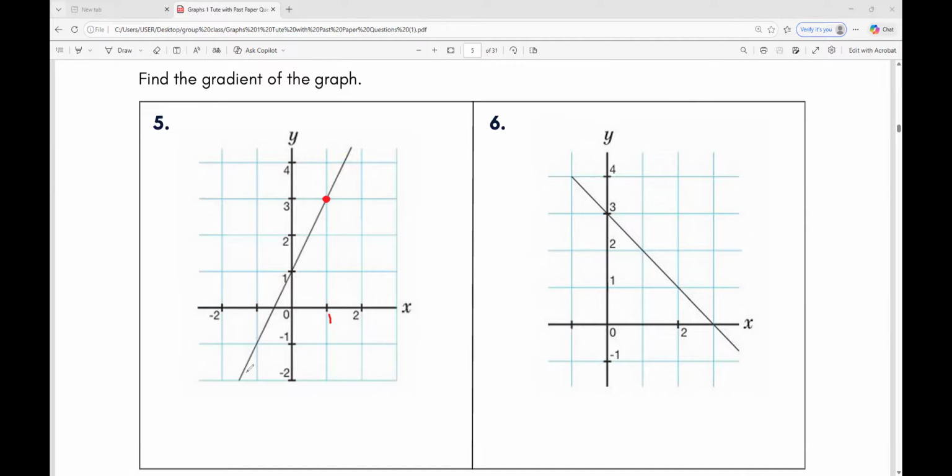The x coordinate is 1, the y coordinate is also a whole number, 3. 1, 3. I can select another point here or here. Both are giving whole numbers. If I select this one, coordinates are 0, 1. If I select this point, coordinates are -1, -1.